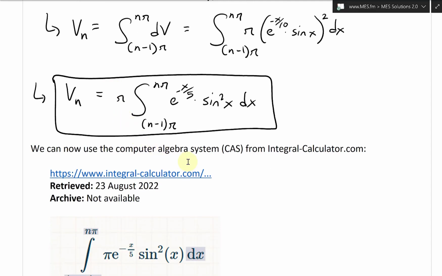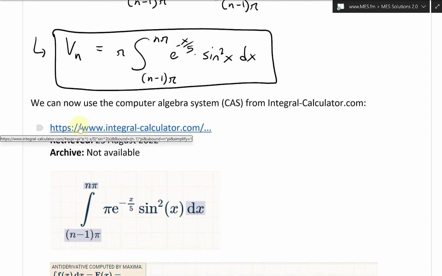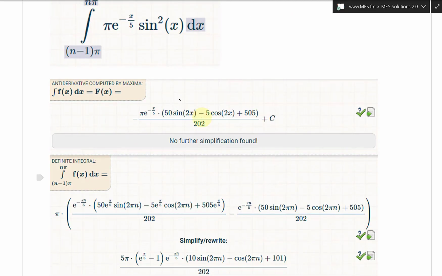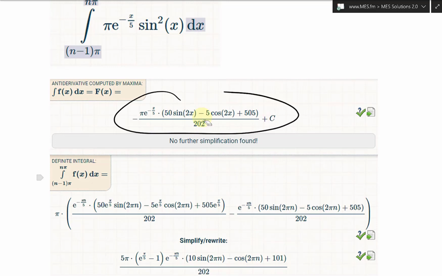So we can now use the computer algebra system from integral-calculator.com. So going over here, you plug that inside. So integral from n minus 1 pi to n pi of pi times e to the negative x over 5 sine squared x dx. And then you get this giant one here, this plus c.